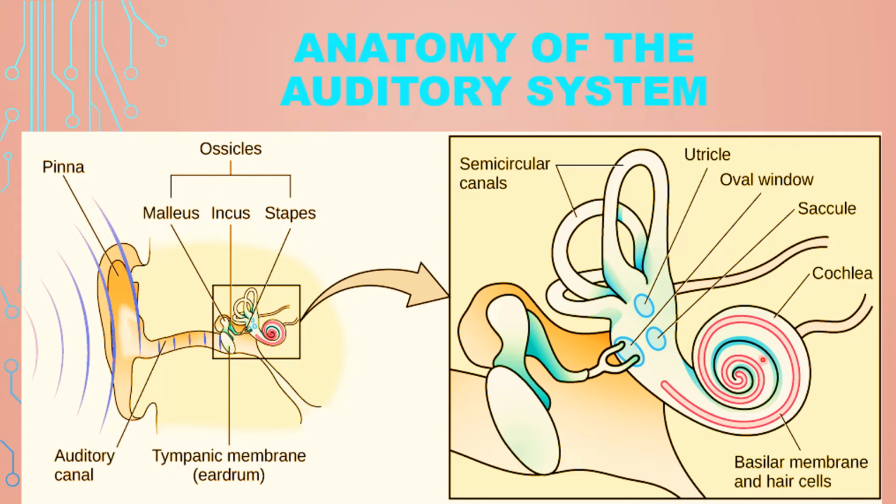They will get stimulated. The basilar membrane is the thin strip of tissue within the cochlea. So inside this basilar membrane are the auditory receptors, and these auditory receptor cells get activated when the fluid is moved by the vibration of the oval window.